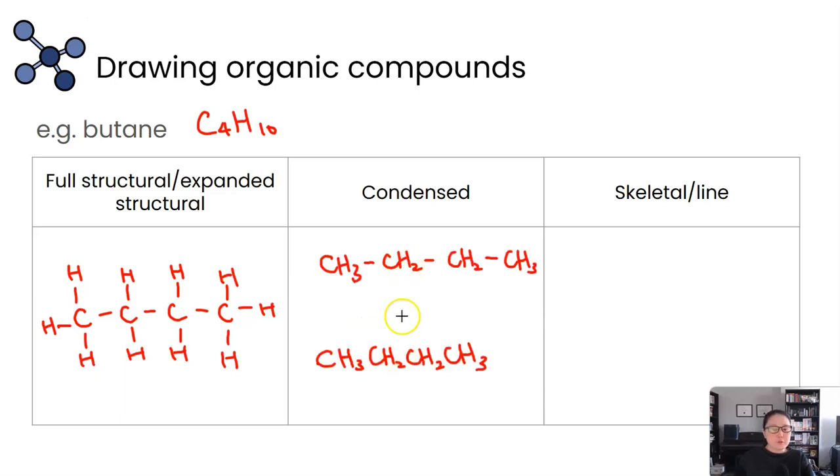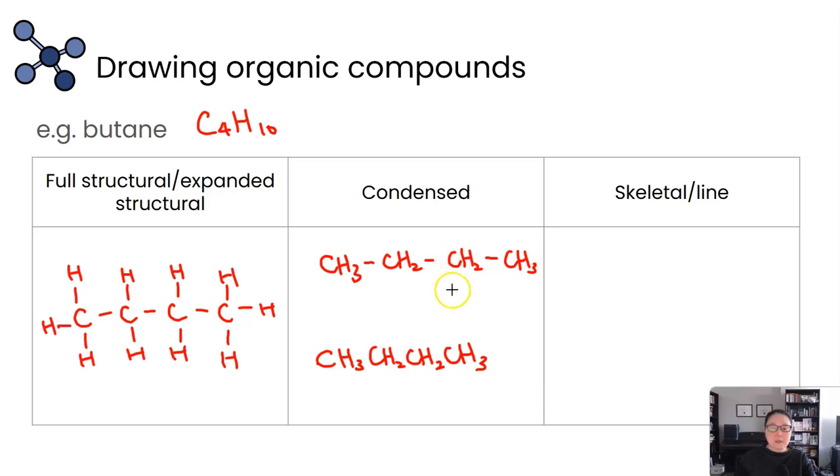I've drawn two versions of this, one with single bonds between each of those carbon-hydrogen groupings. If you're going from left to right, horizontally, you don't necessarily have to draw in those bonds. If you are going up and down from here, you do want to draw in those bonds, but if you're just going left to right, then you don't really have to.